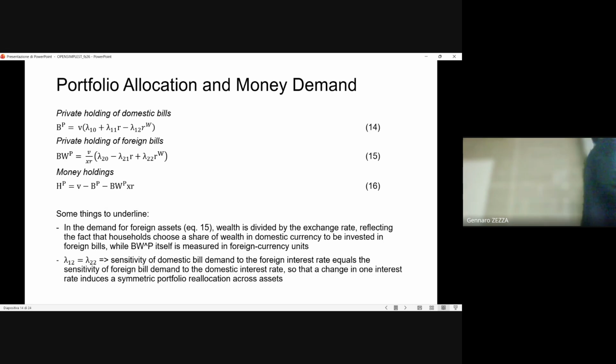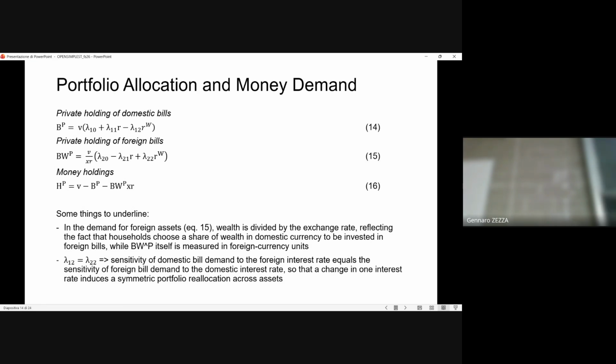The private portfolio is also very standard. We have an asset demand function for private holdings of domestic bills and for private holdings of foreign bills, as I was saying before. Households choose foreign assets with wealth divided by the exchange rate, meaning that they decide to invest a share of total wealth in foreign-denominated bills, while the bills themselves are denominated in foreign goods.